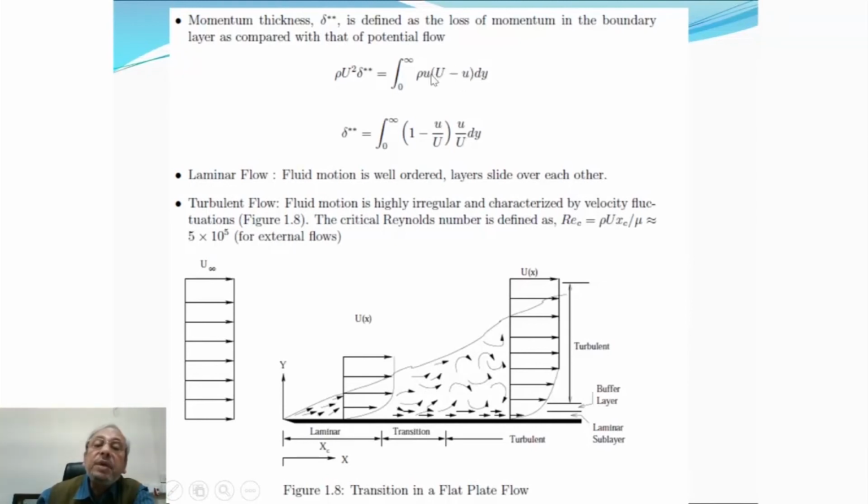So this is the momentum. So 0 to infinity rho lowercase u into uppercase U minus lowercase u dy.